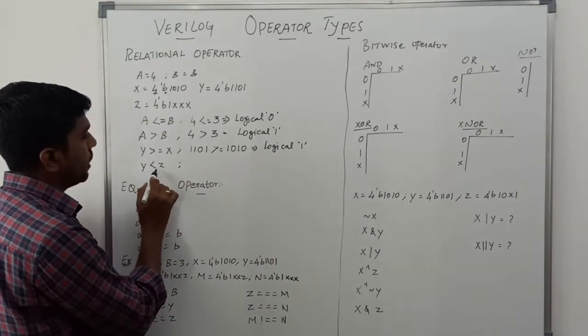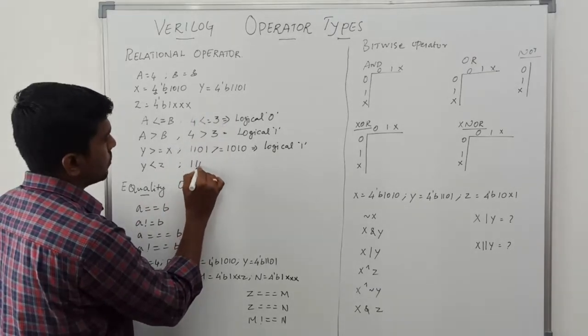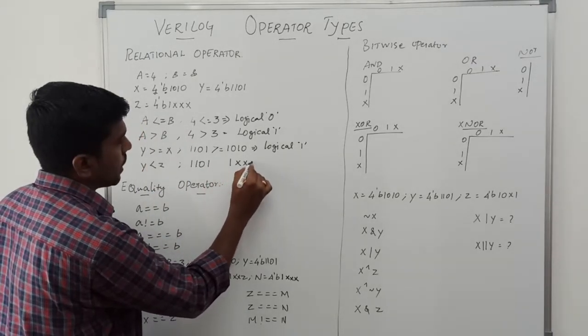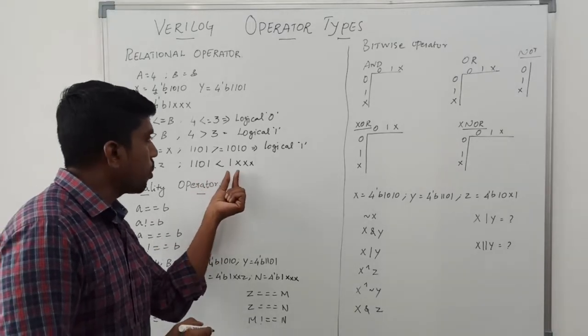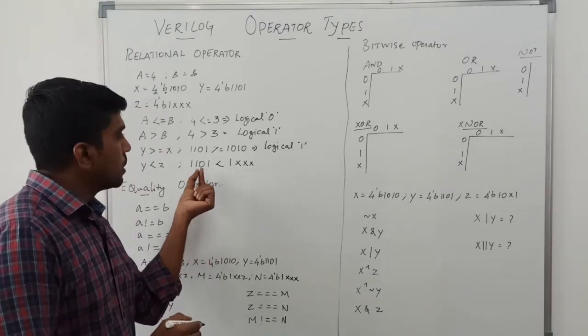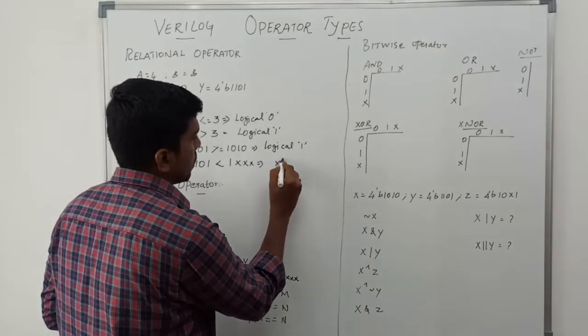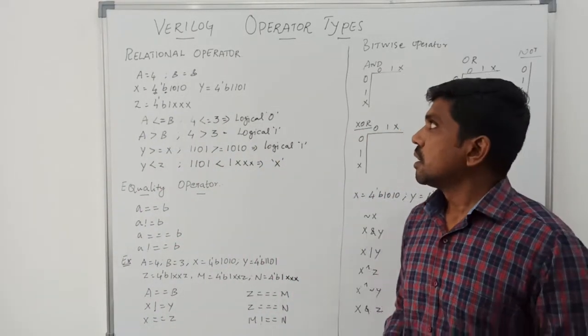Then the next one, Y less than Z. Y value is 1101, Z value is 1 don't care, don't care, don't care. If any one of the operand values has don't care, the entire output is don't care. So it produces X. This is the relational operator.